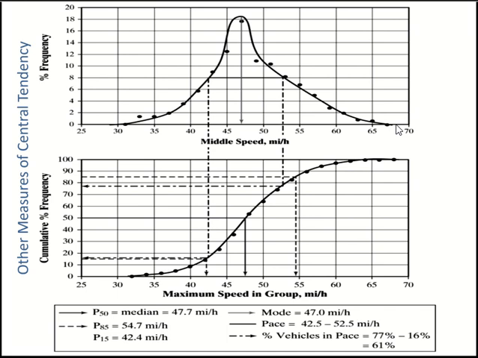X-axis, because I am looking for speed. Go down to the x-axis and find out how much the speed is when the frequency is maximum. I am looking for the speed when the frequency is maximum. Clear? You go to the highest point and drop down on the speed axis.